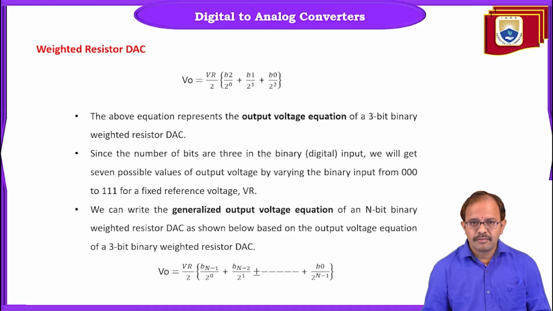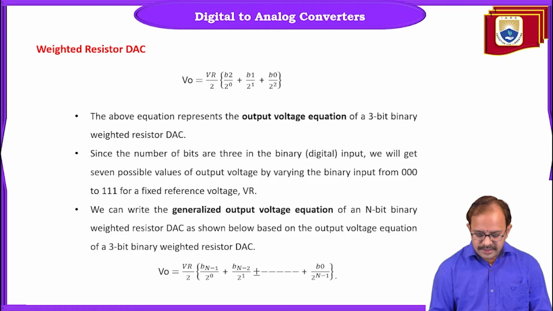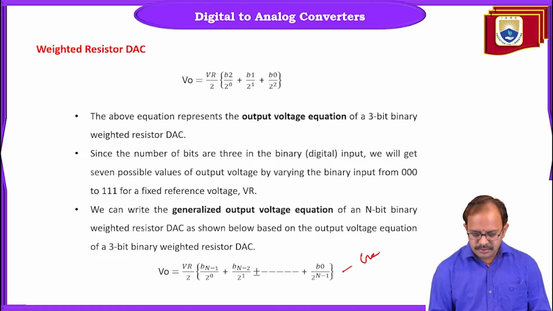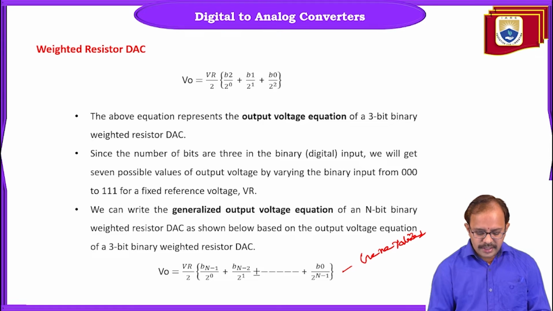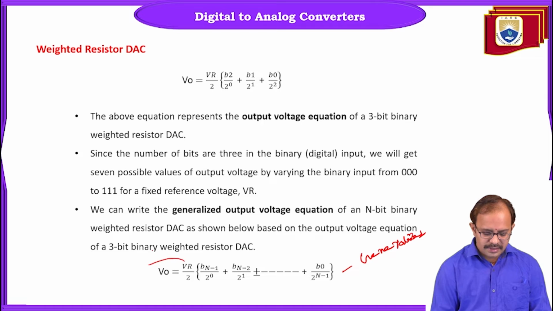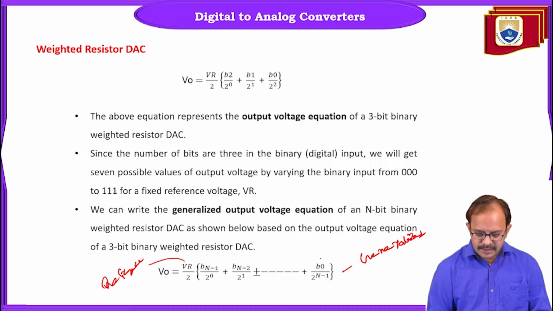So what is the technique? Weighted resistor type. This is the generalized expression for the weighted resistor type digital to analog converter, where VR represents the reference voltage and these are the binary data, nothing but the digital input.